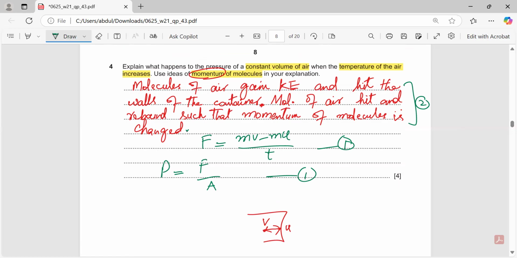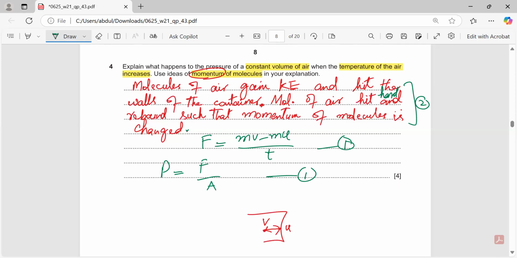So definitely molecules will gain kinetic energy and they will hit the walls of the container. Molecules of air hit and rebound such that the momentum of the molecules is changed. And rate of change of momentum is equal to force. And what is pressure? Pressure is force over area. Hit hard and rebound such that momentum of the molecules is changed.